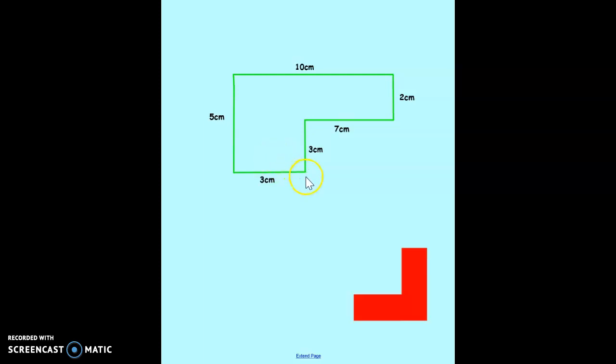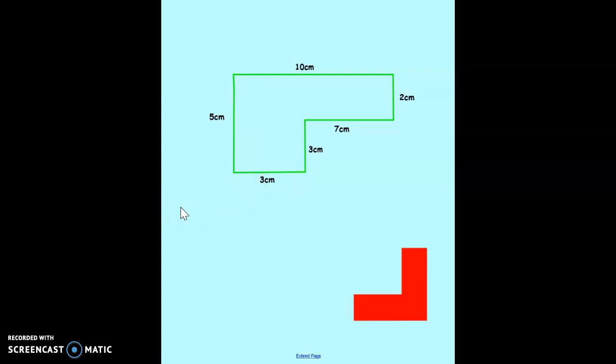And so the perimeter of this shape, again, is just the distance all the way around it. We just need to add up the lengths of all of the sides to get the perimeter of that compound shape.